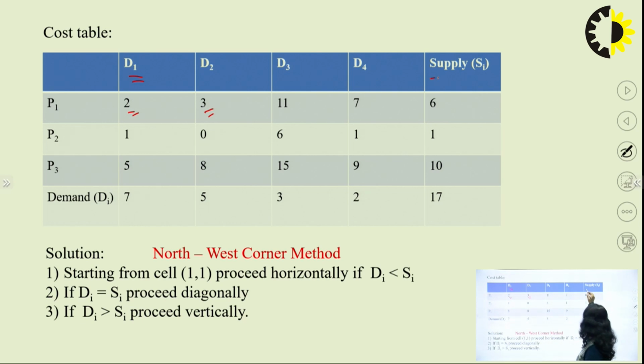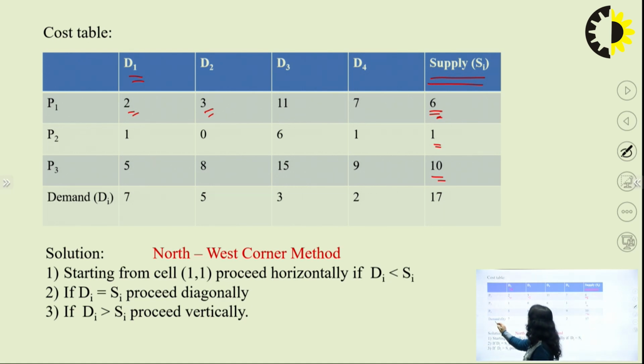Now we can see in the last column there is supply. For P1, the supply requirement is 6. P2 has a supply quantity of 1. P3 has a supply quantity of 10.